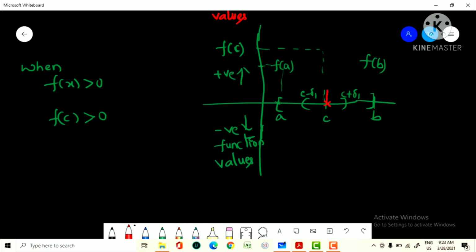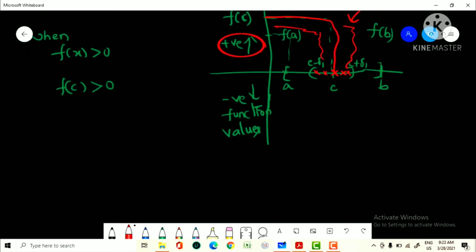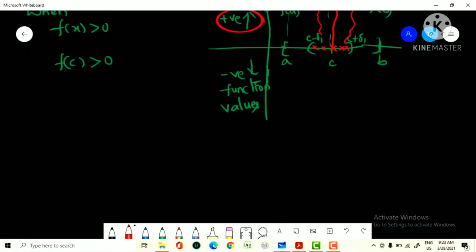At c I am getting f of c in the positive direction. Similarly, when you put these values from the interval, everywhere the function will be positive. With the same concept, the second case is coming.